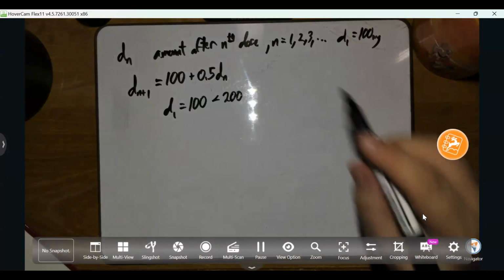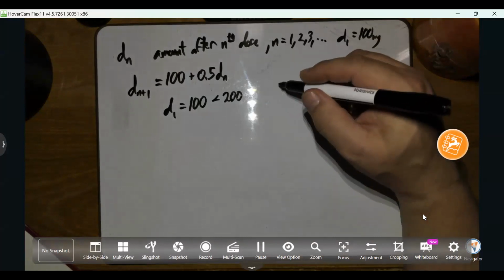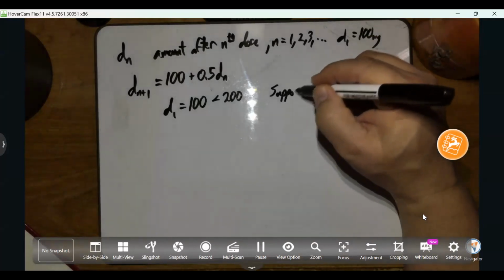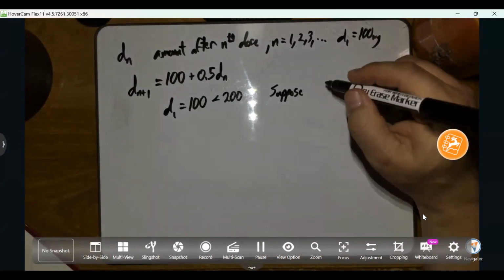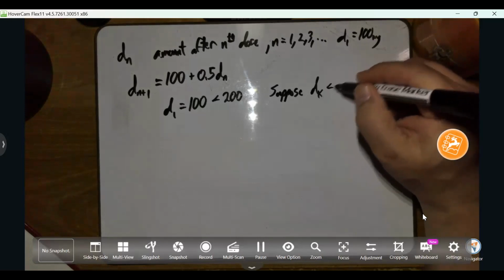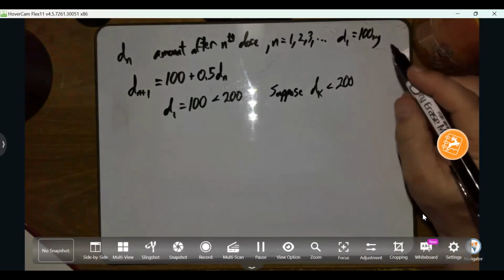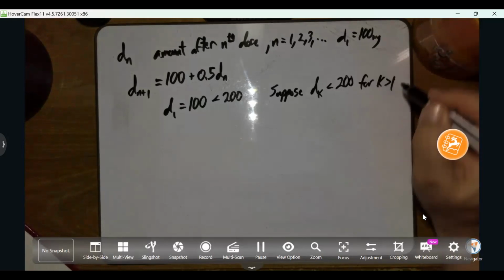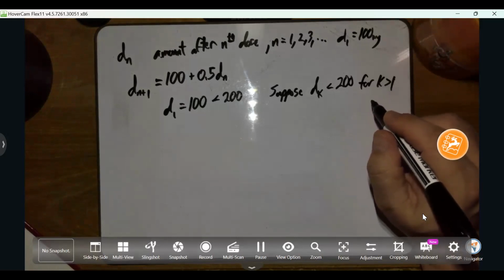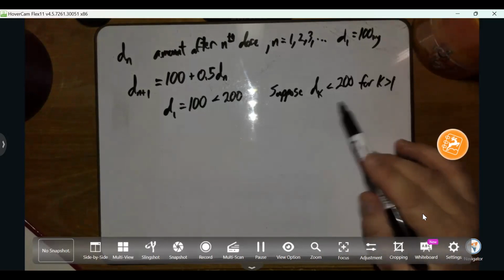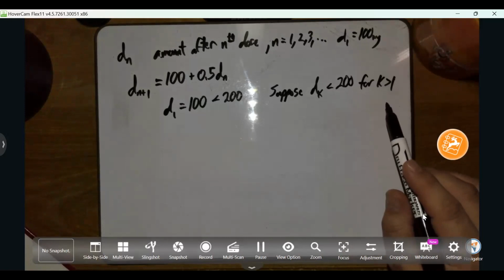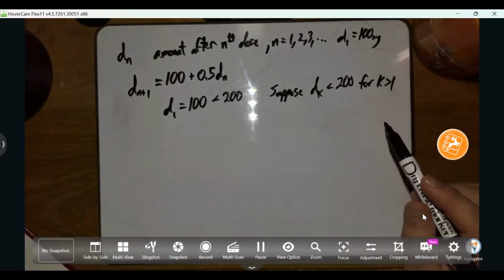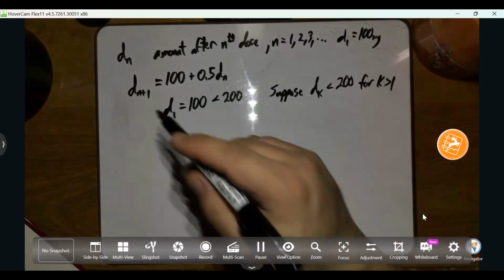And now we're going to use a tool called induction. So we assume that dk is less than 200 for k greater than 1. Induction says now we want to show that d k plus 1 is also less than 200.